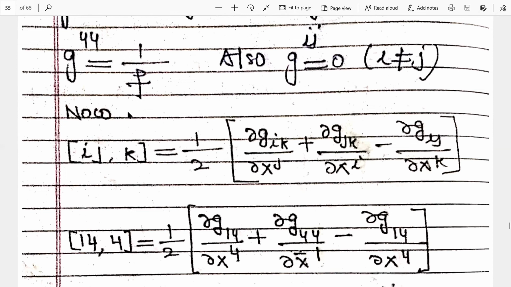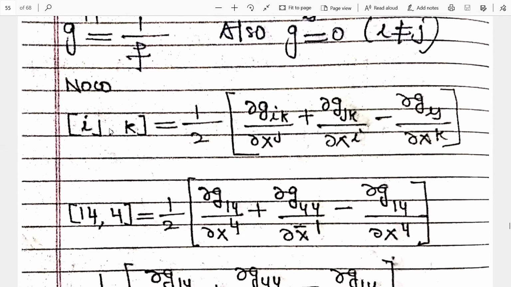Now again, what is the formula for [ij,k]? So again, i connected with k and j connected with k are positive, and the last term, combined ij connected with k, is negative. So remember this formula. First write the formula, then substitute the values of i, j and k.